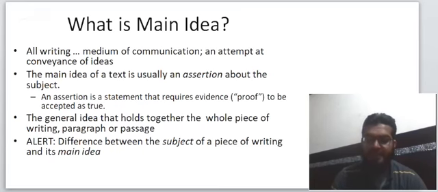This is actually the idea that is conveyed by the whole passage. This is the core of that passage, and everything else is just explanation, examples, and more information on the same idea.